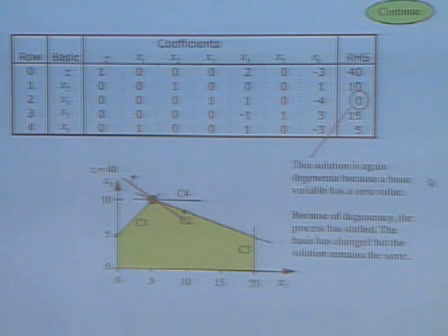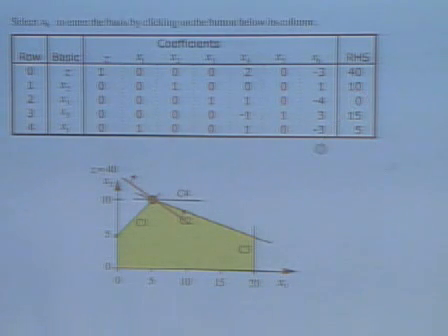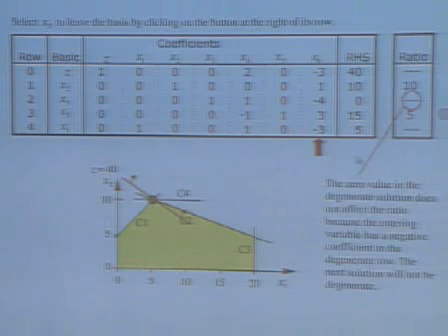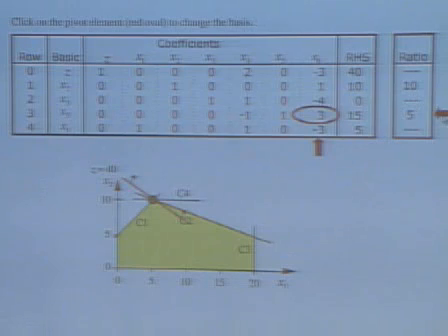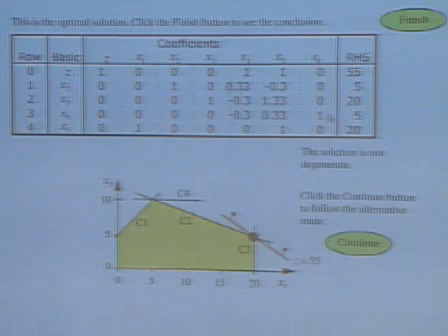So now you continue, click on this. Again, the nice thing happens that even though this is degenerate, it does not participate in the minimum ratio test, so we will make progress and we'll reach the optimal solution. Okay.